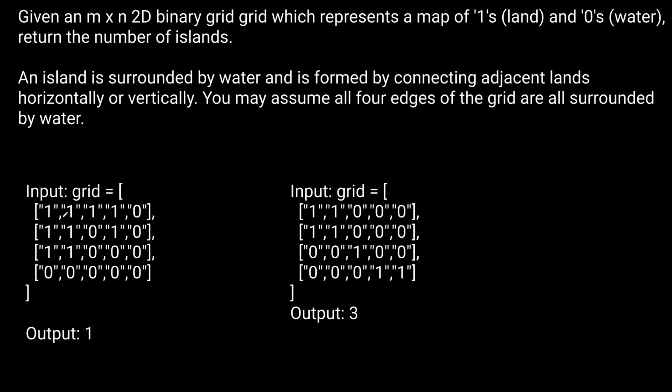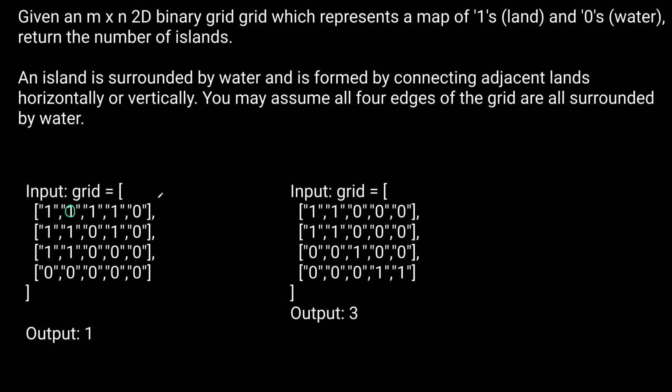So every time we see a 1 in our depth first search, we're going to set it to a 0, to make sure that when we go back there from the next island that's touching it, we don't get caught in an infinite loop.